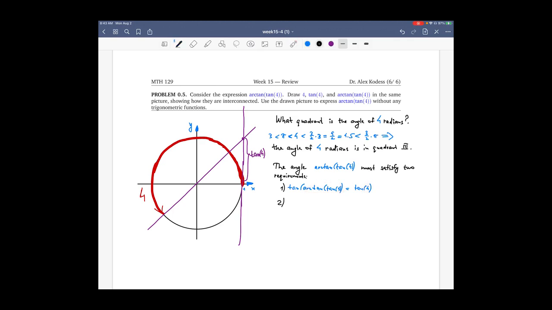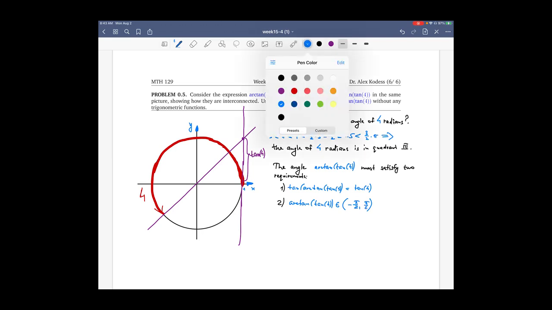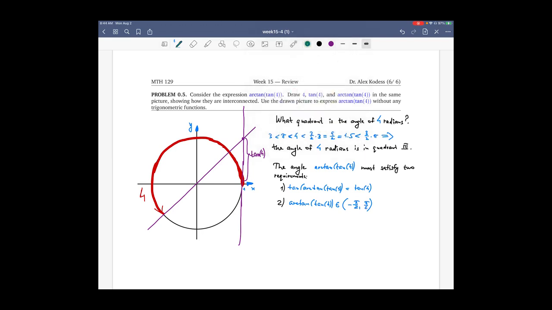And second, arctangent of tangent 4 must be between negative pi over 2 and pi over 2. So clearly in the picture, the desired angle is this one.